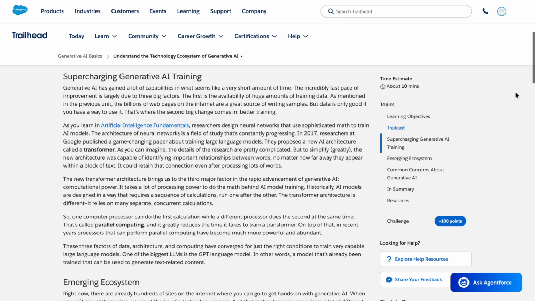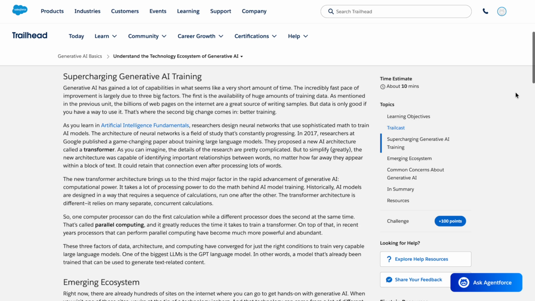The new transformer architecture brings us to the third major factor in the rapid advancement of generative AI: computational power. It takes a lot of processing power to do the math behind AI model training. Historically, AI models are designed in a way that requires a sequence of calculations, run one after the other. The transformer architecture is different.